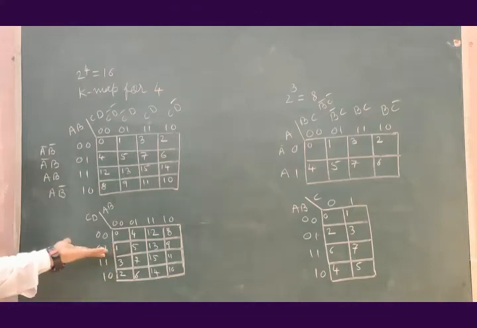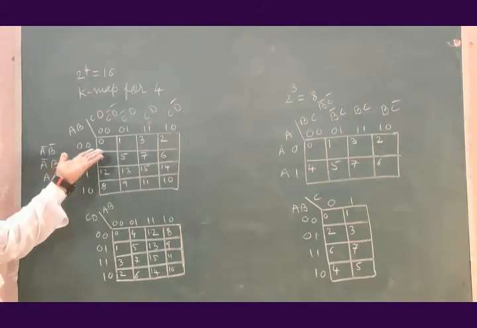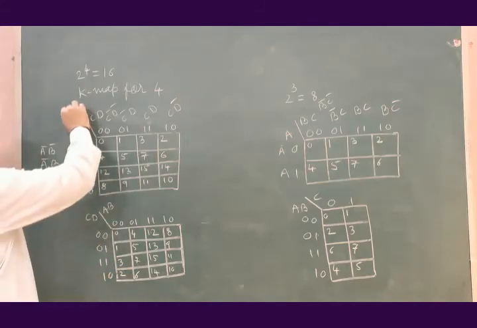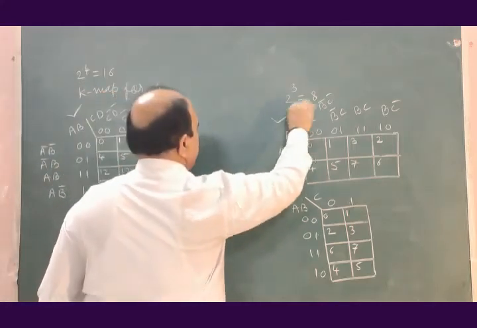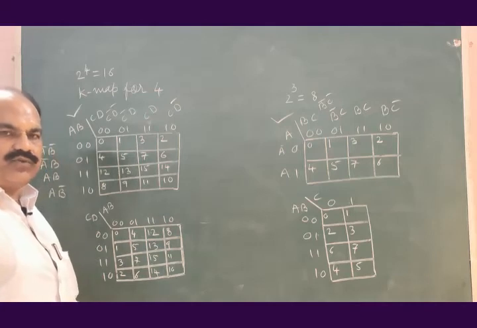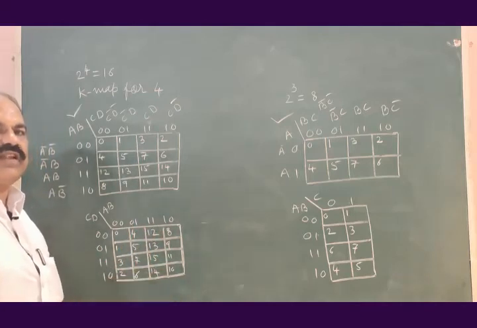This is also the K-map for 4 variables. Either use this way or this way. Generally stick to such ways, this style for 2 variables, 3 variables, 4 variables.